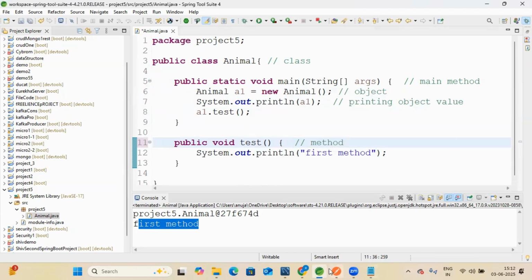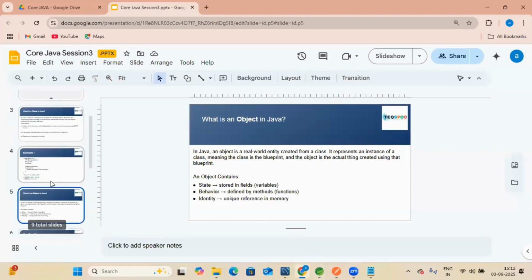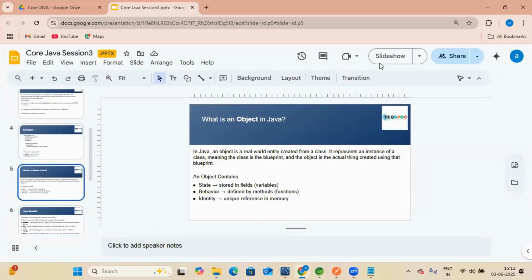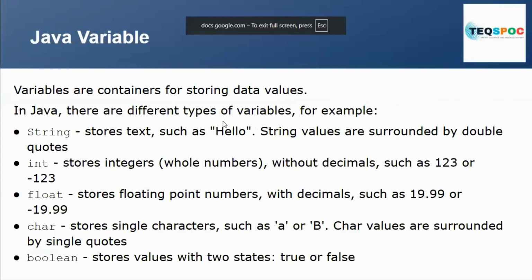Now coming to our next topic of today's agenda: variable. So what is a variable? A variable is nothing but a container which stores certain types of data. Data can be in string format or number format.